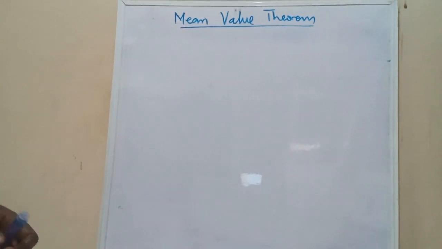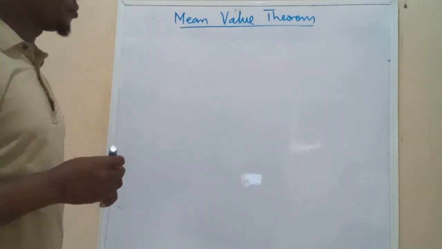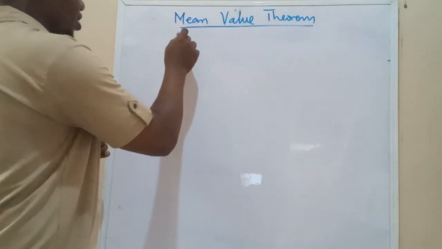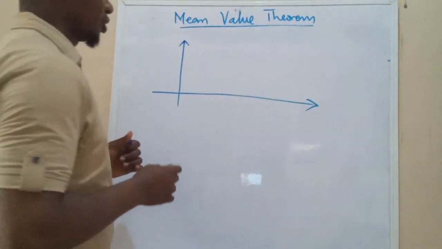In order to understand perfectly the proof of this theorem, let us describe what we have just said here on the graph.